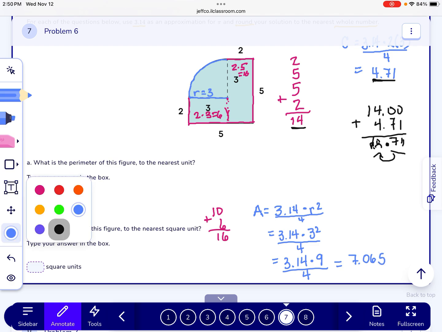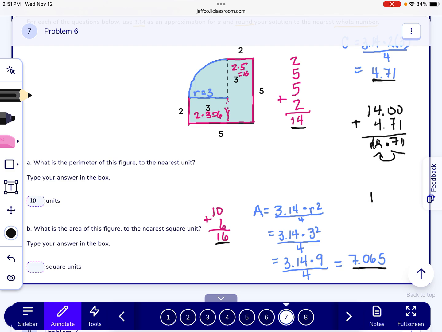All right. So we've got the area of the squarish piece and the area of the quarter circle. And so then we're going to add those two up. So 16 plus 7.065 is 23.065.